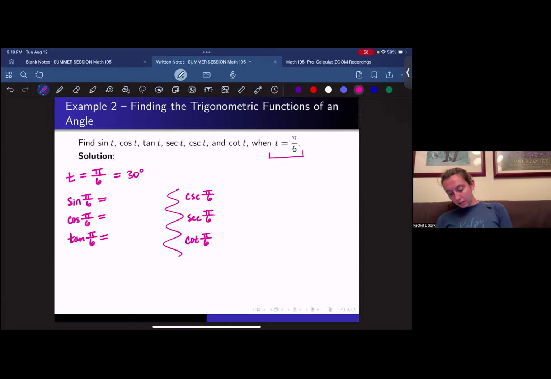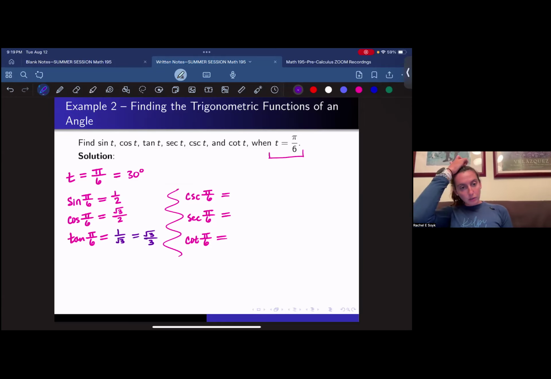Sine of pi over 6 is just 1/2. Cosine of pi over 6 is square root of 3 over 2. Tangent of pi over 6 is just 1/2 divided by square root of 3 over 2, which is 1 over the square root of 3. Rationalize and we get square root of 3 over 3.